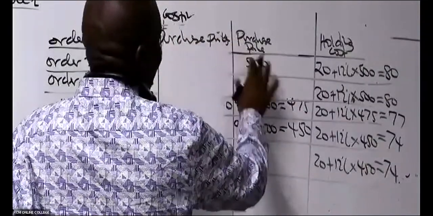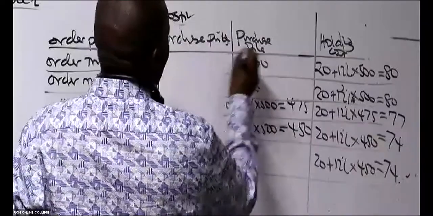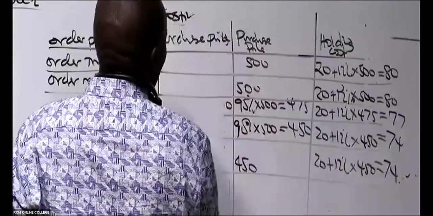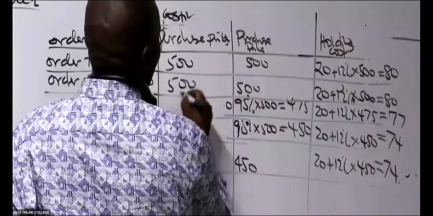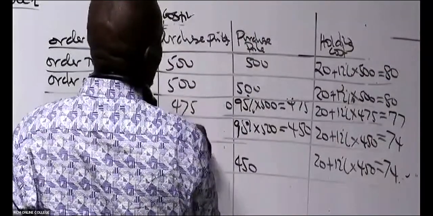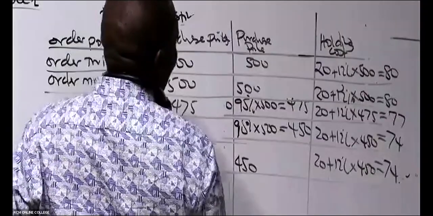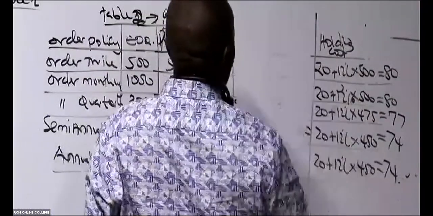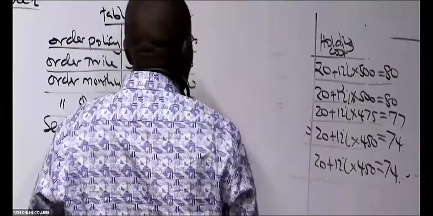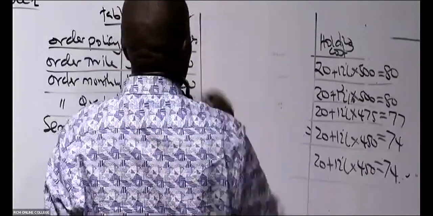Now I won't show the calculations. So it is 500, 475, 450, 450. I need holding cost. I must squeeze my space.